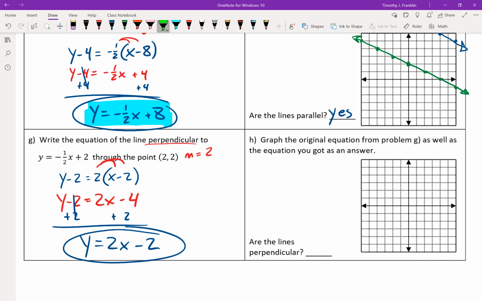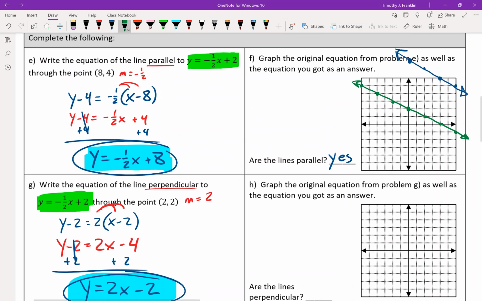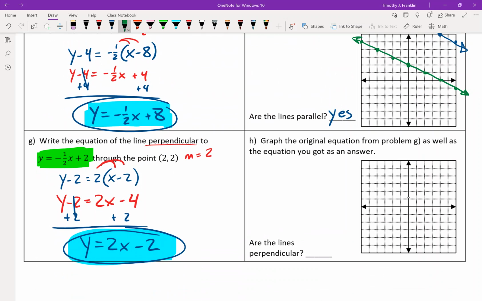Same idea, we're going to graph both of these equations. Y equals negative 1/2 x plus 2 is the original, and then y equals 2x minus 2 is our perpendicular answer for that problem. So first the original equation, which is the same as the previous problem. So starting up at 2 and then slope of negative 1 over 2.